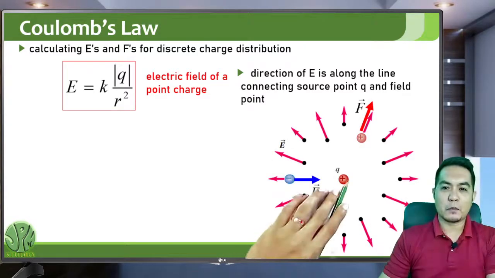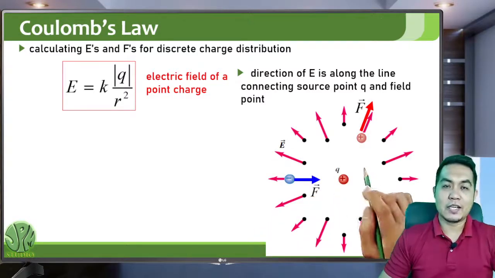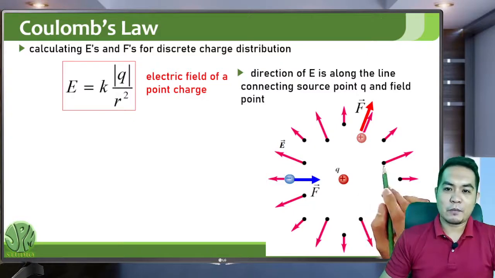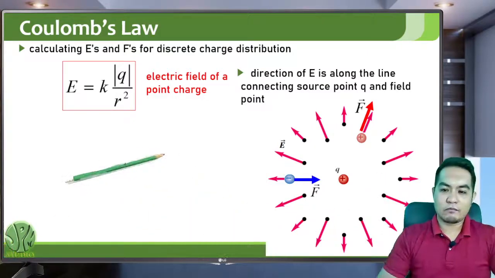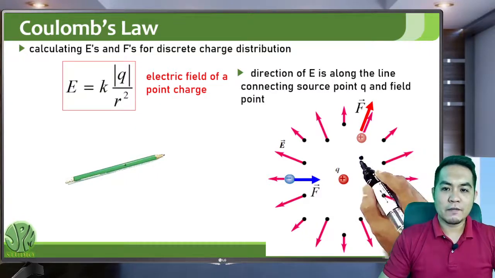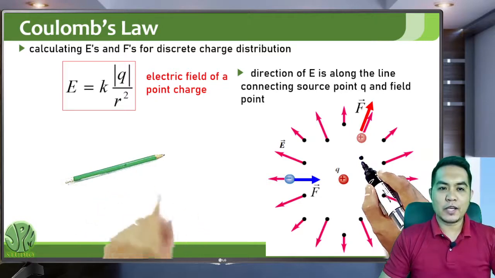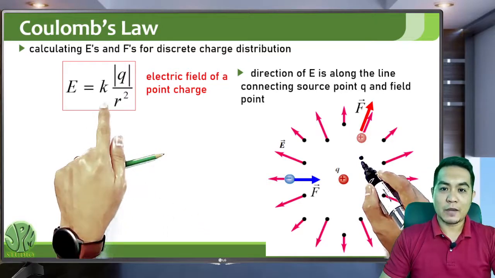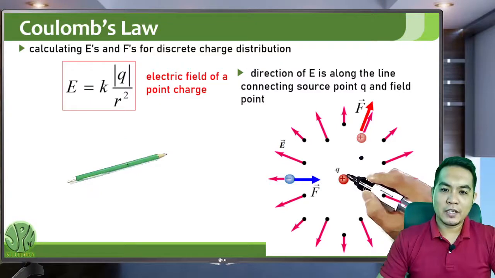Similar to what we discussed in the previous lesson, for example, if I'm going to try to find the electric field at that point, then what will I do? I use this for the magnitude, and for the direction, I just connect the two.